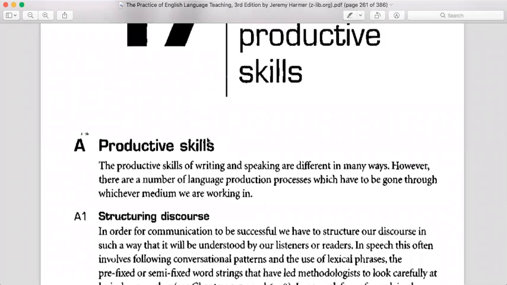Anyway, what I was telling you is that these productive skills are basically taught at a little advanced level when you know that the students are well acquainted with the structures and they know the language.